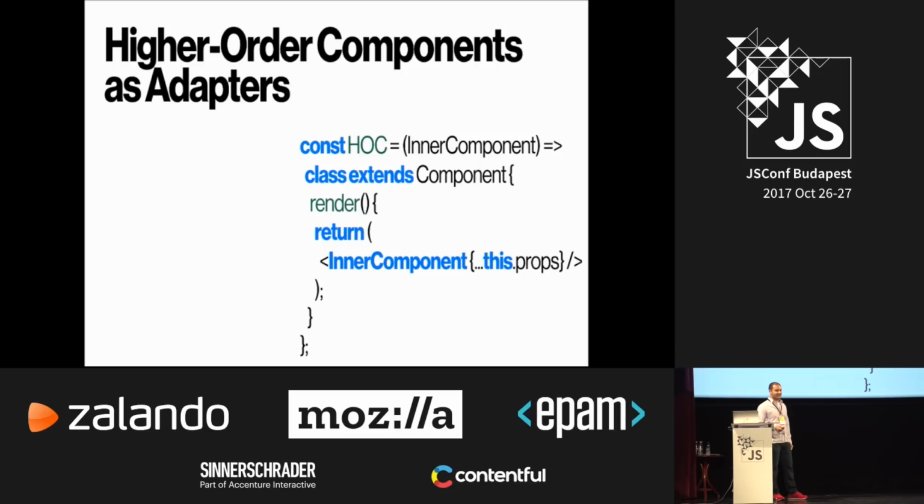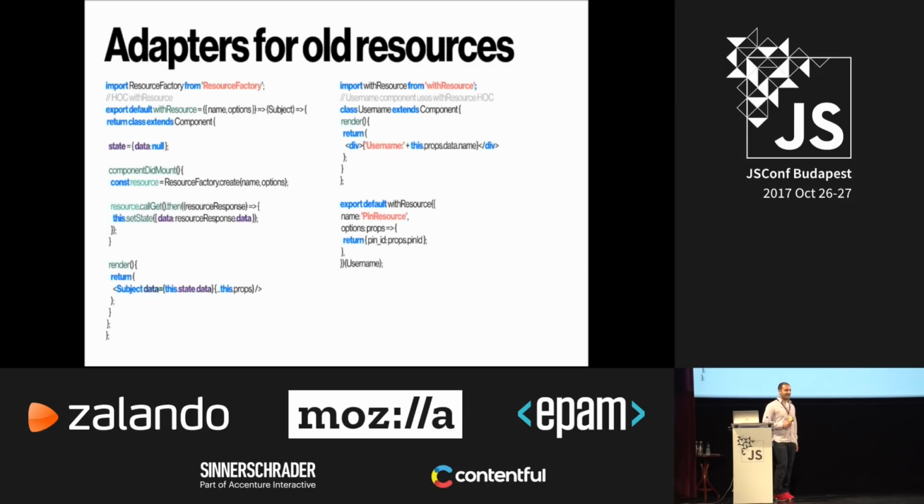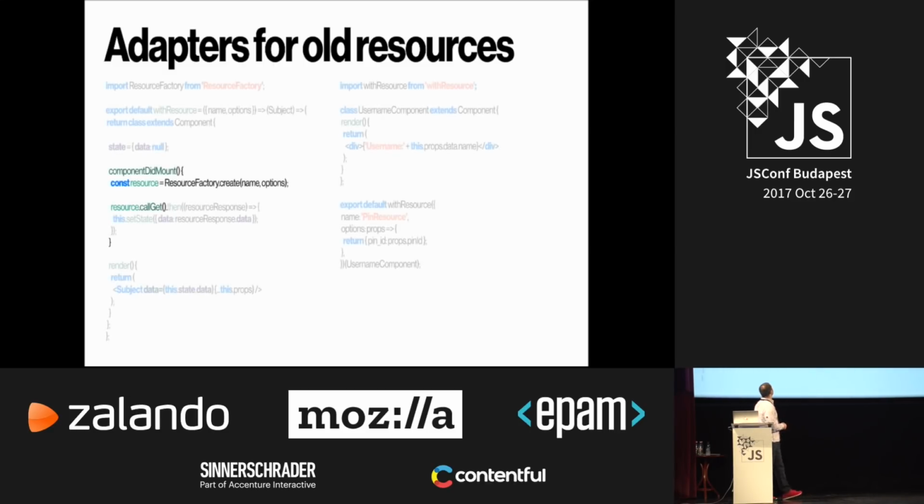I know it may sound a little bit confusing, but let's take a look at the example, and I think everything will be clear. So on this slide, you can see on the left side, it's a HOC with resource that helps us to communicate with the API and with the old resource layer. And on the right side, you can see the example of usage of HOC with resource. So what happens, on component mount, when the component is already in the DOM, it will send a request to the resource layer.